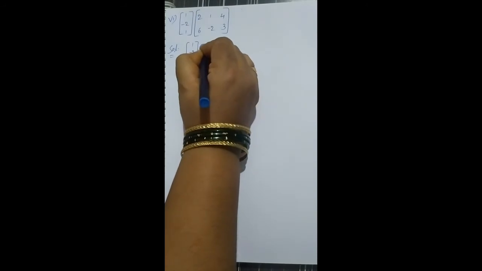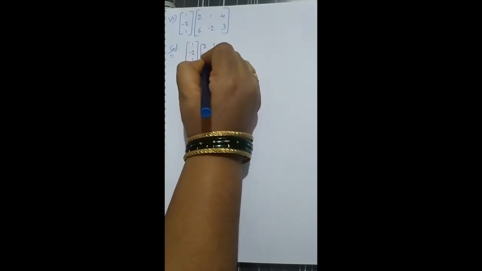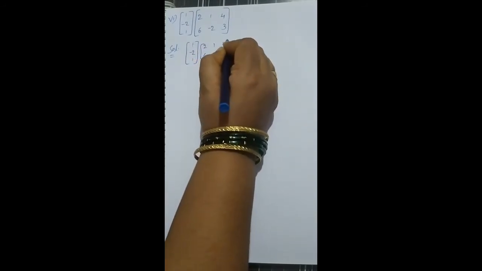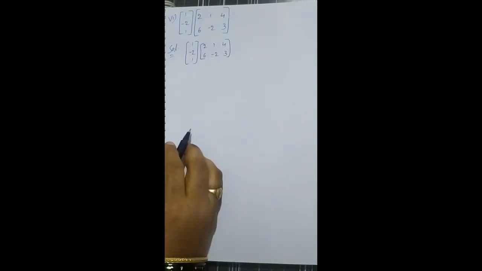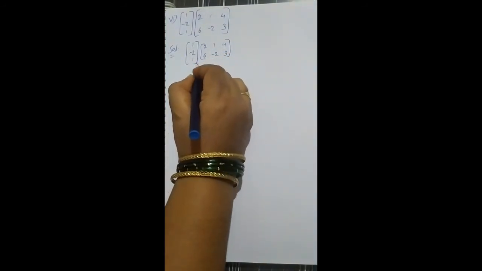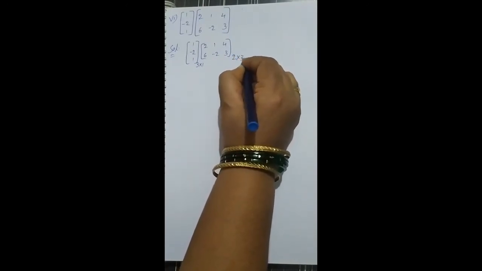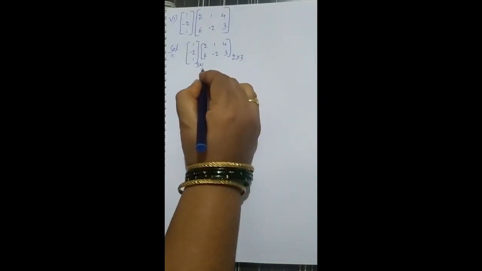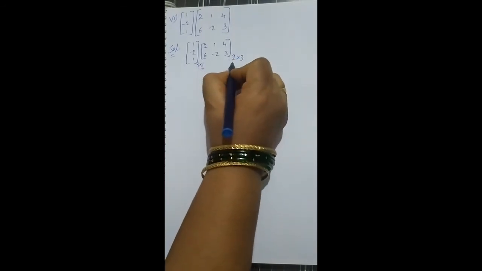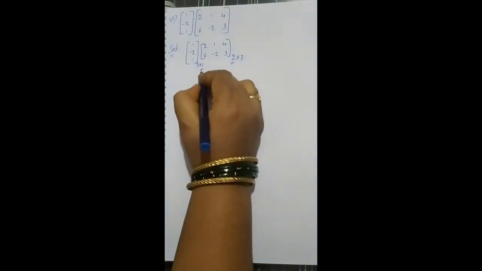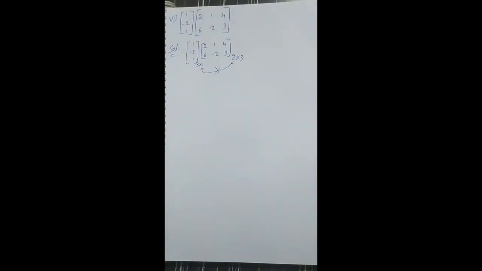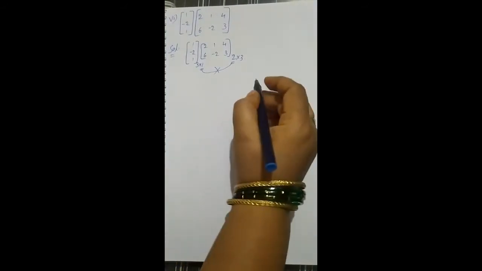Second matrix 2, 1, 4, 6 minus 2, 3. In this, the first matrix order is 3 by 1 and the second matrix order is 2 by 3. Here also, the number of columns of a first matrix and the number of rows of a second matrix are not equal. Then the product is also not possible.